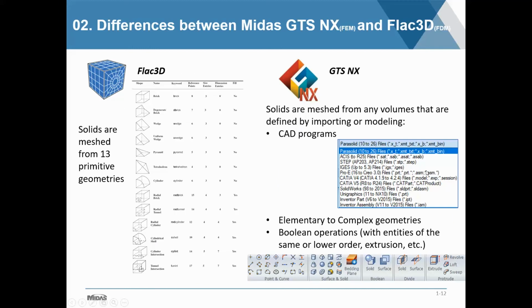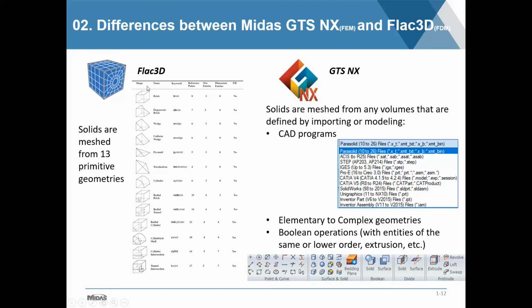In particular, the main reason why we're showing these sessions is that the connection between the two is where their differences start to become more apparent, and that is in the geometry or in the types of meshing. For Flac3D, any kind of 3D mesh has to come from one of these 13 primitive geometries.